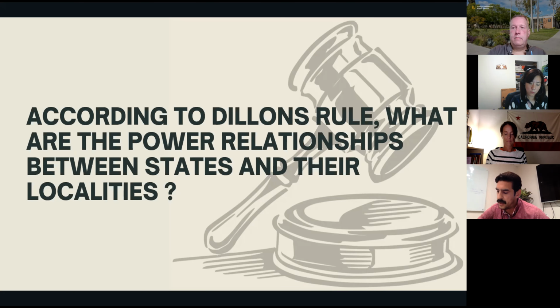So if anybody did read the article, according to Dillon's rule, what are those power relations that we see between states and their localities? There are 4 points within the article that he talks about. Essentially, locals are the creatures of the state.